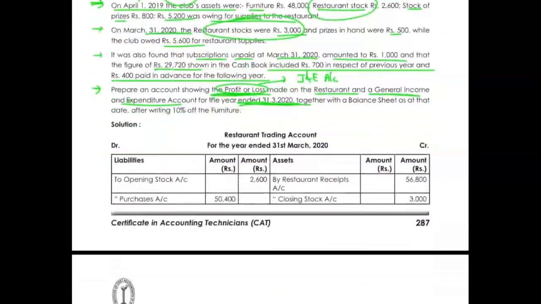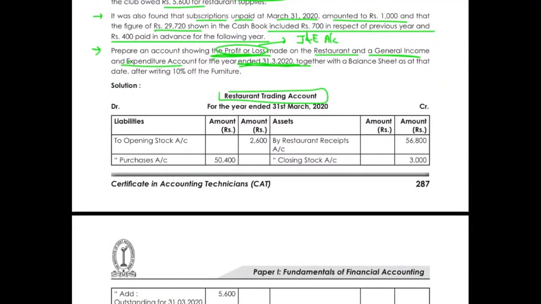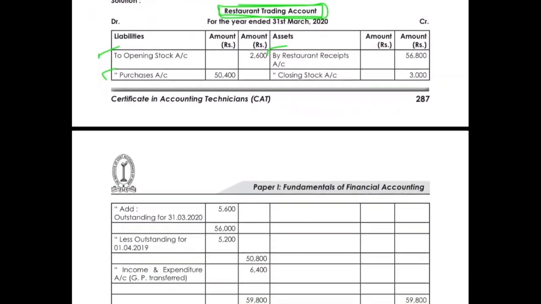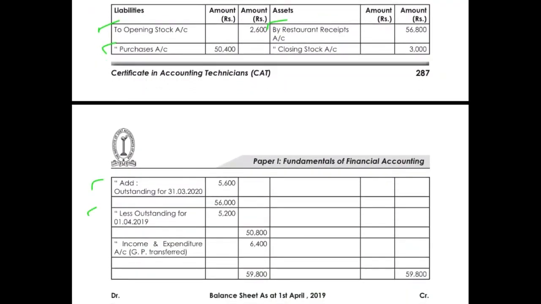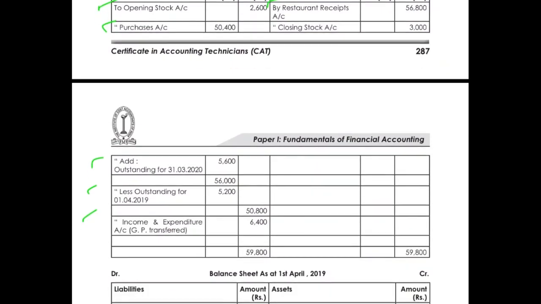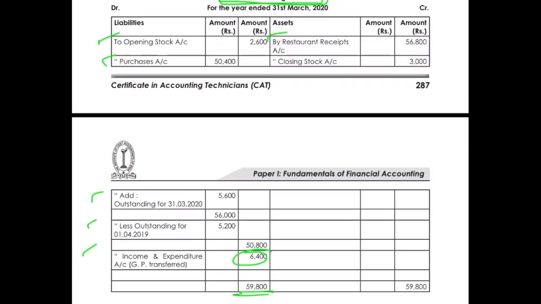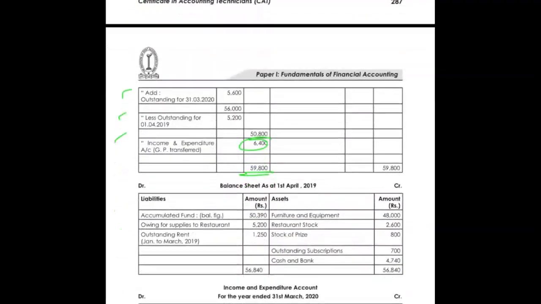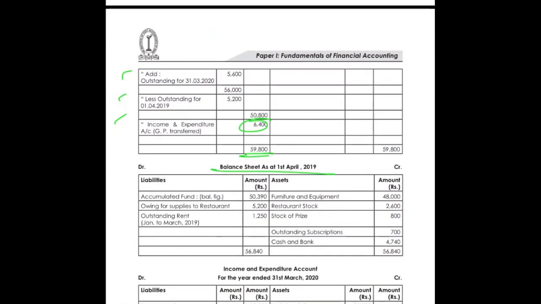So for that you can prepare a small trading account which shows the opening stock, the receipts, the closing stock, the purchases, and if there are outstanding, etc. And then you can calculate the gross profit which is coming from your restaurant trading account.